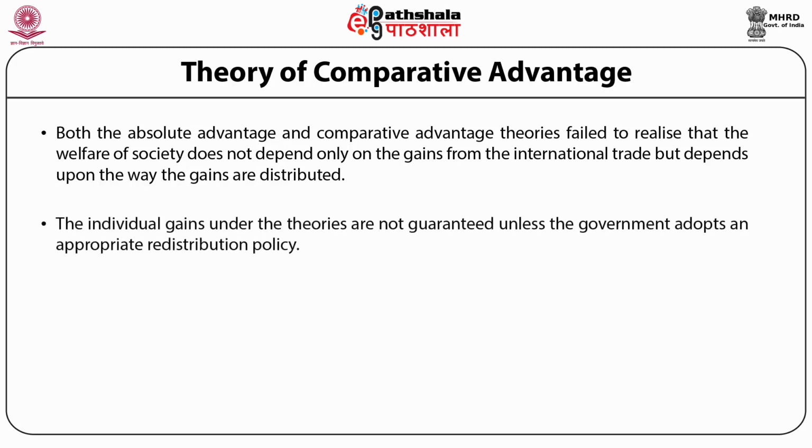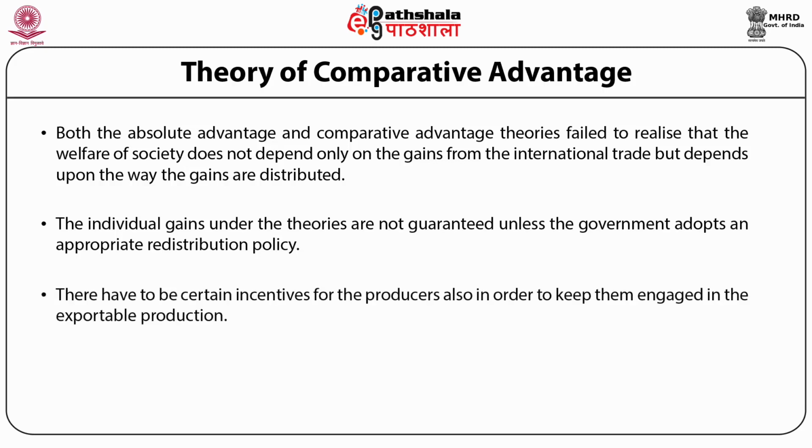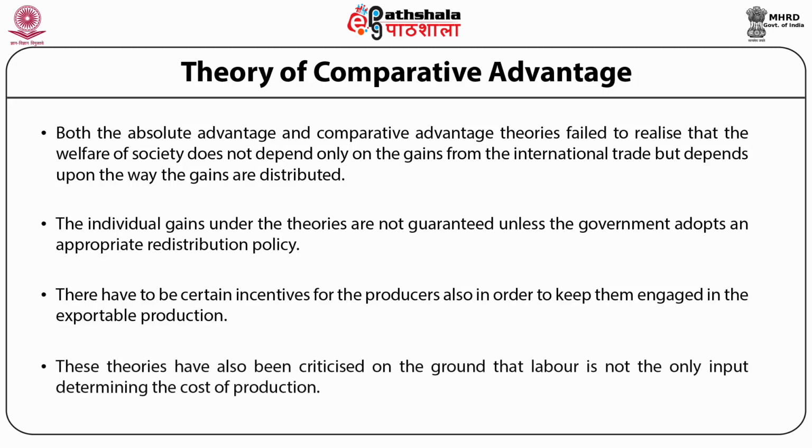The individual gains under the theories are not guaranteed unless the government adopts an appropriate redistribution policy. There have to be certain incentives for the producers also in order to keep them engaged in exportable production. These theories have also been criticized on the grounds that labor is not the only input determining the cost of production.